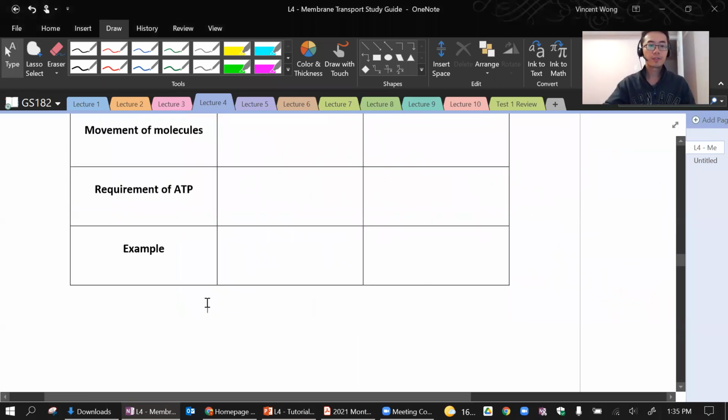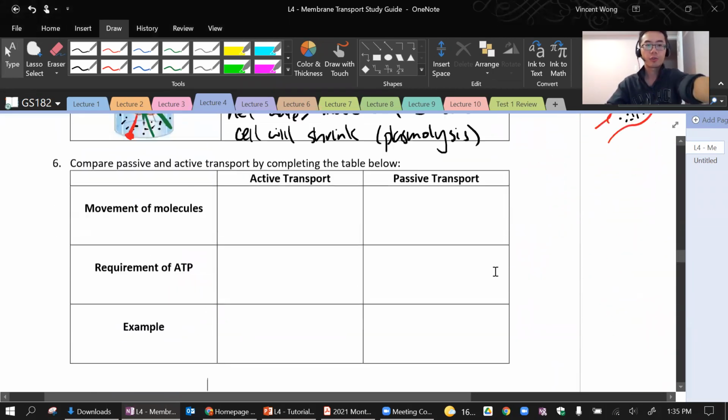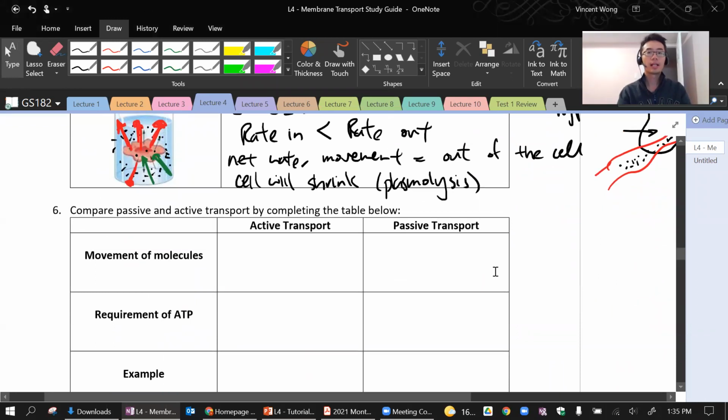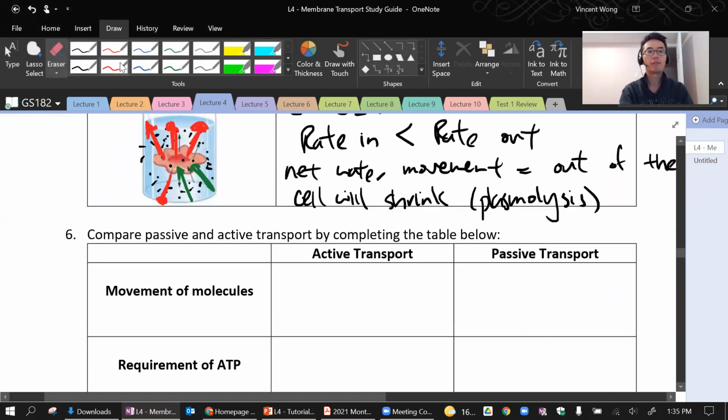Next, we have to compare passive and active transport. On the left here, we have active transport. In terms of the movement of molecules, active transport involves going against the concentration gradient.